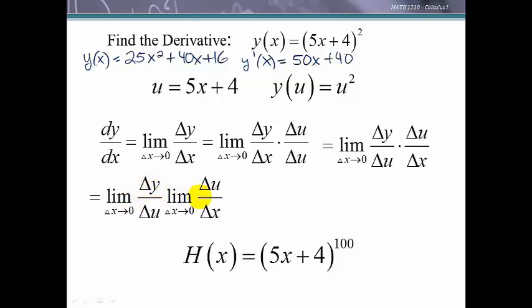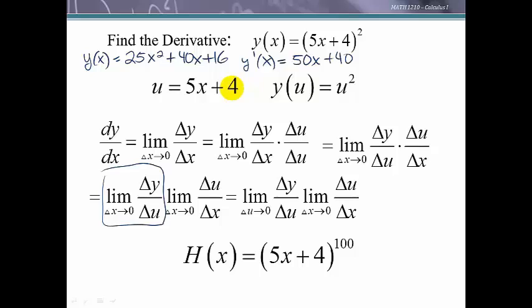And then in looking at this, we see that this one we don't have a delta x in there specifically, but as we look here, if our little change in x goes to 0, then our little change in u also goes to 0, so we could express this as the limit as delta u approaches 0 of the change in y over the change in u, and then the limit as delta x approaches 0 of the change in u over the change in x. Well, this is just simply the definition of the derivative dy/du, and this one the derivative du/dx.